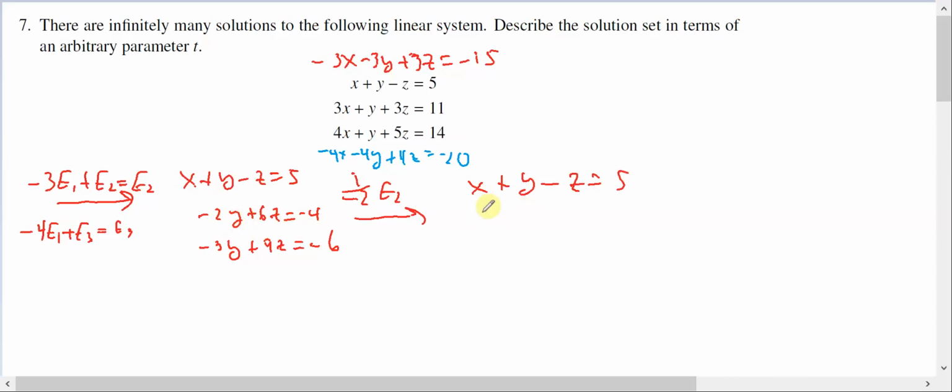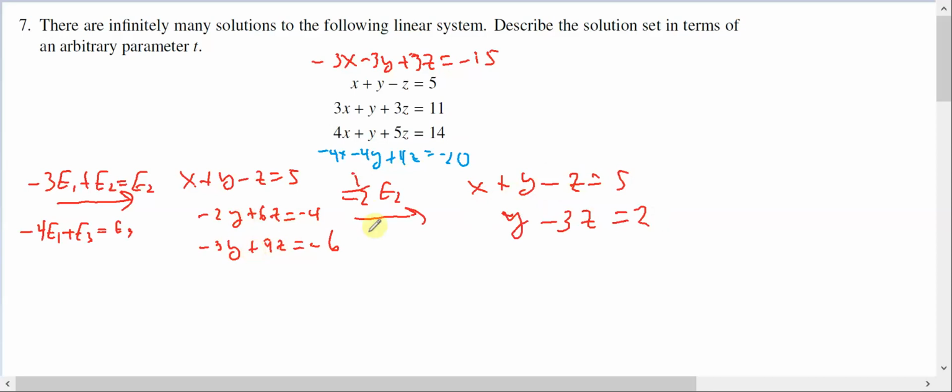And this equation becomes positive y minus 3z, and I want to put them a little farther over in their appropriate columns here. So positive y minus 3z equals positive 2, as long as I don't mess up signs.